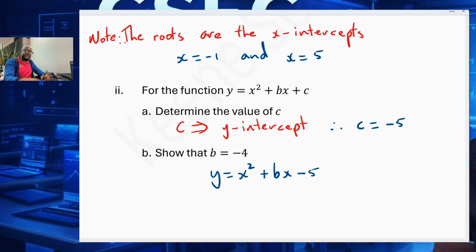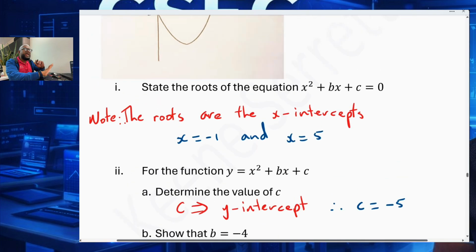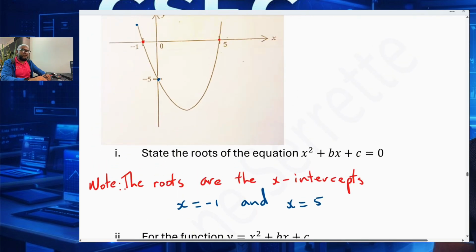In order to find the value of b, what I can do is identify the coordinates of one point on the curve, use that as my x value and my y value, substitute it into this quadratic, and the only thing that would be unknown would be b, right?